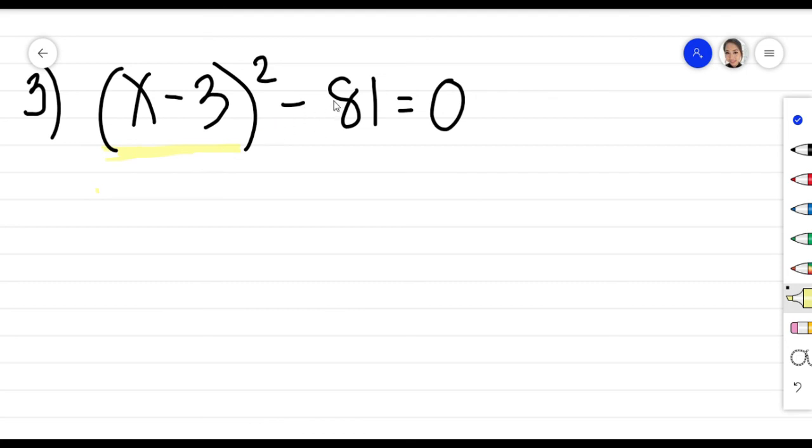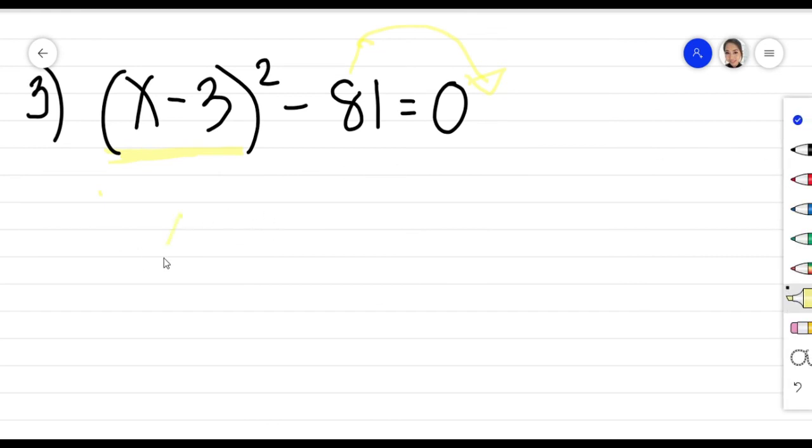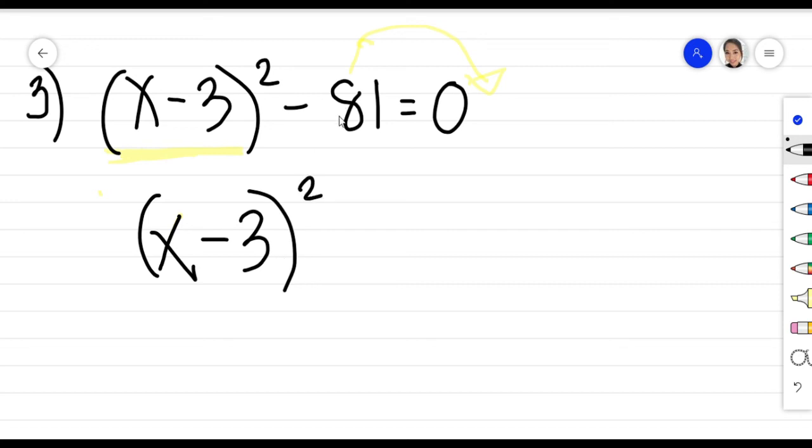So what we have to do is transfer negative 81 to the other side. Doing that, we will have x minus 3 raised to a power of 2 equals, then transfer negative 81 to the other side, so that becomes positive 81.